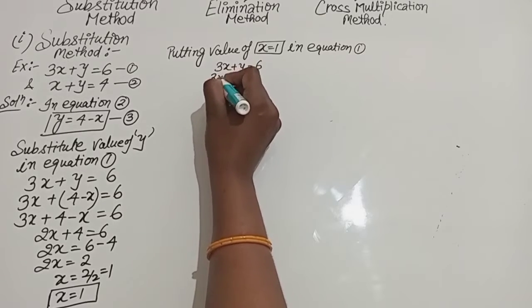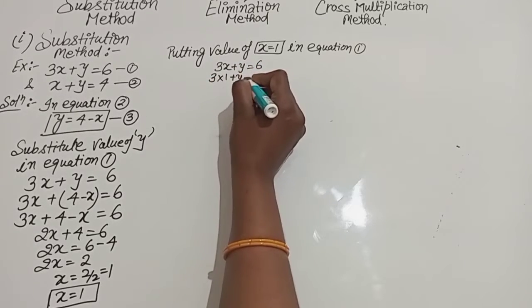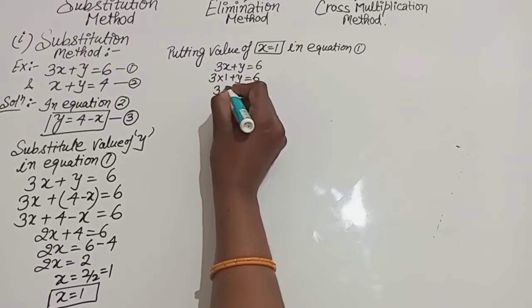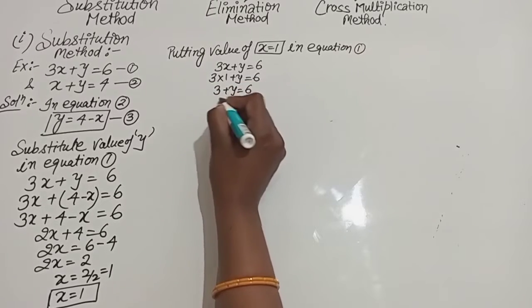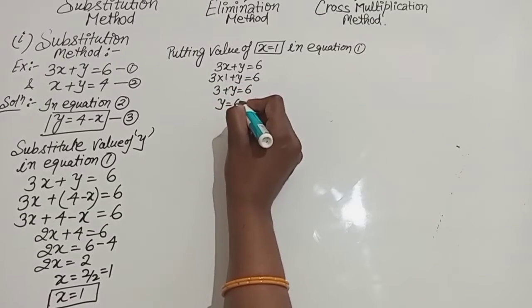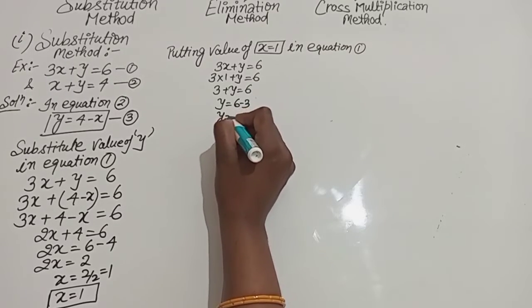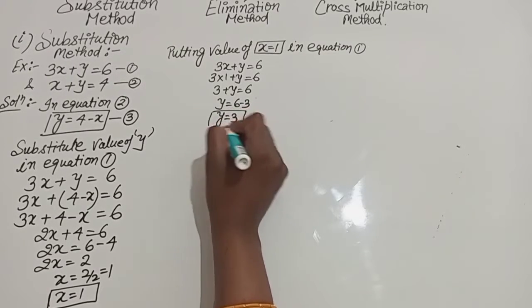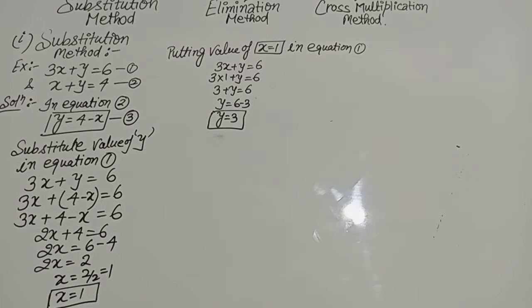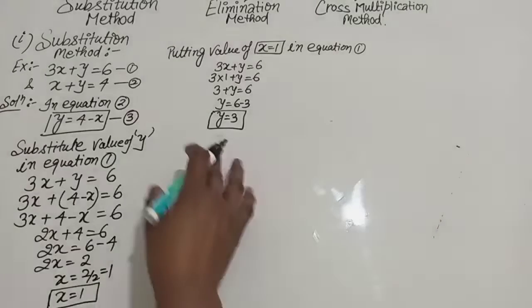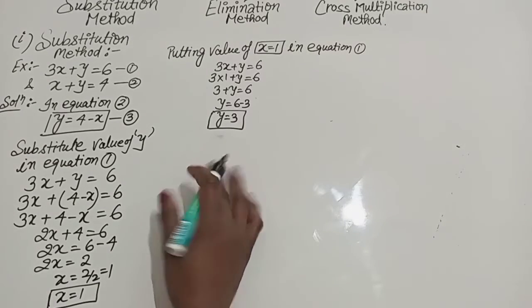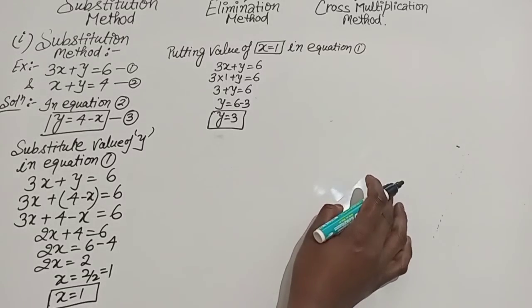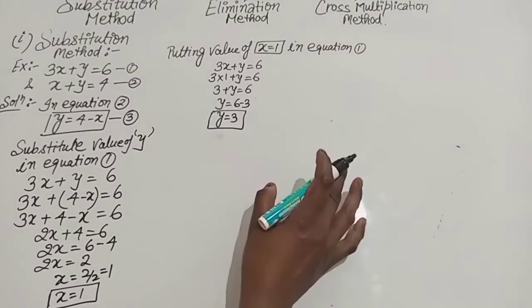So 3 into 1 plus y is equal to 6. So 3 plus y is equal to 6. So y is equal to 6 minus 3. So y is equal to 3. What we have got by the substitution method is x is equal to 1 and y is equal to 3. This is called the substitution method.